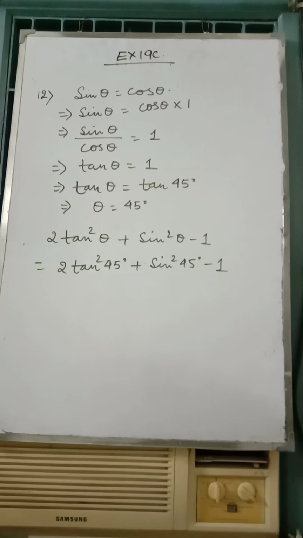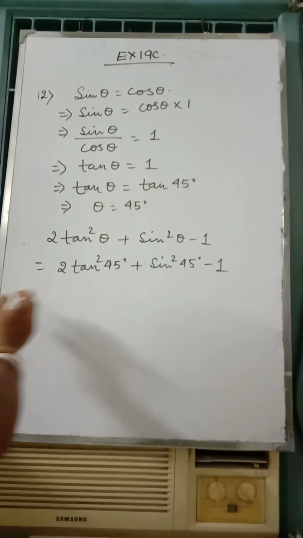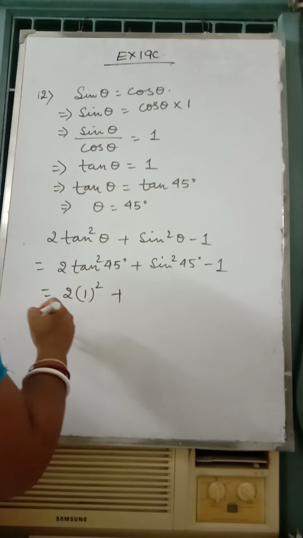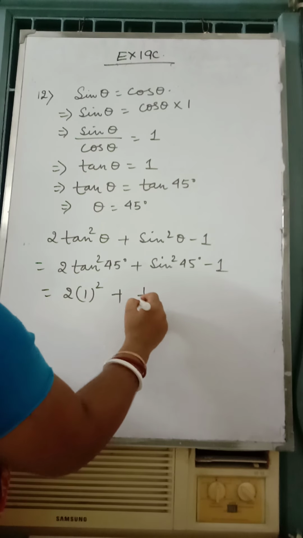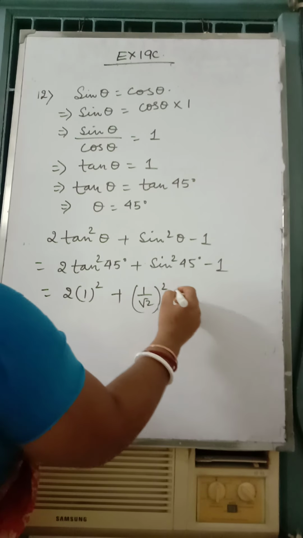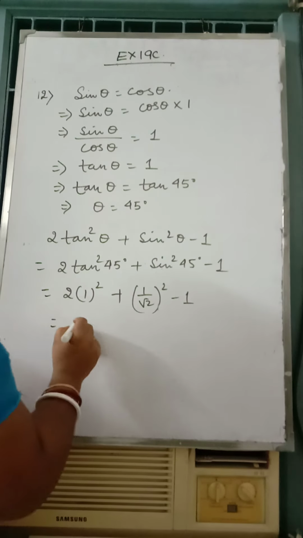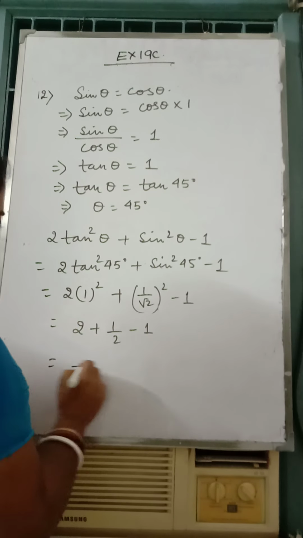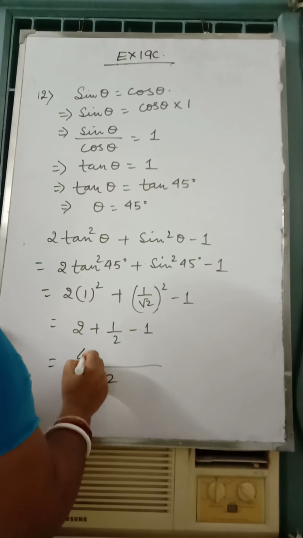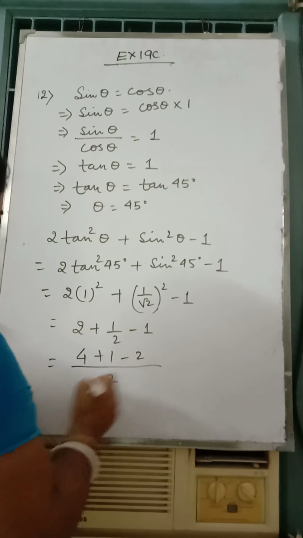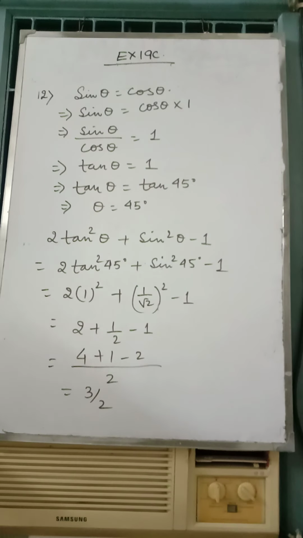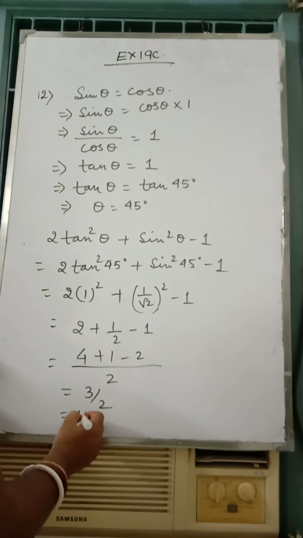Tan 45's value is 1, so 2 into 1 square plus sin 45's value is 1 by root 2 whole square minus 1, or 2 plus 1 by 2 minus 1. LCM is 2, 4 plus 1 minus 2, or 3 by 2. The value is 3 by 2, or 1.5.